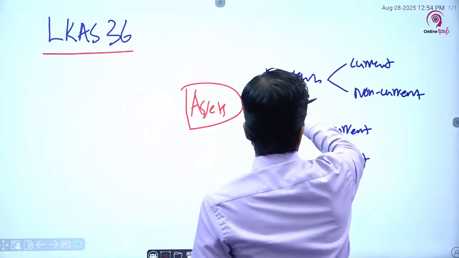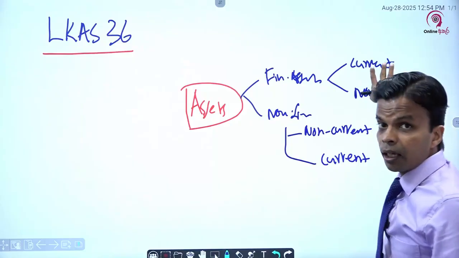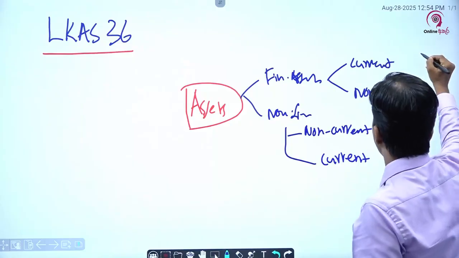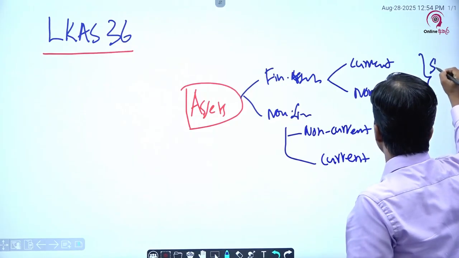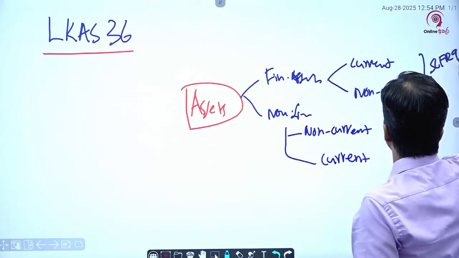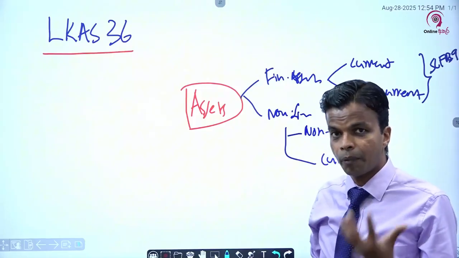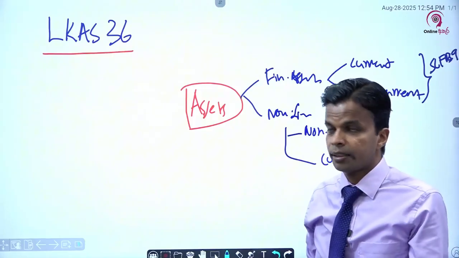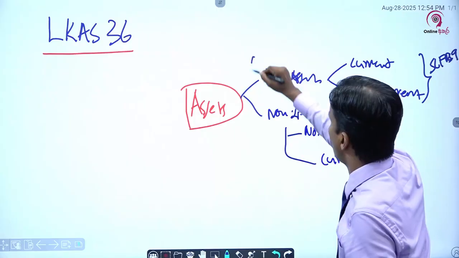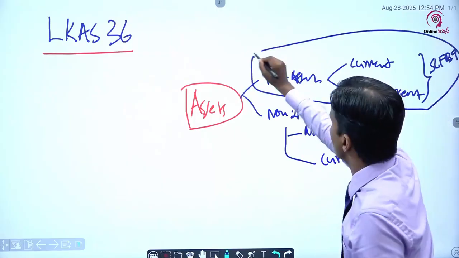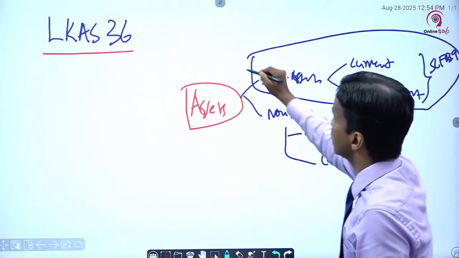Okay, financial assets, regardless of current or non-current, you have SLFRS 9 to discuss impairment of financial assets. So this part is not coming under LKS 36, right? This is not coming.